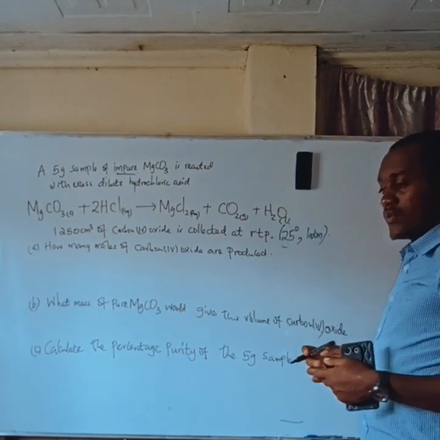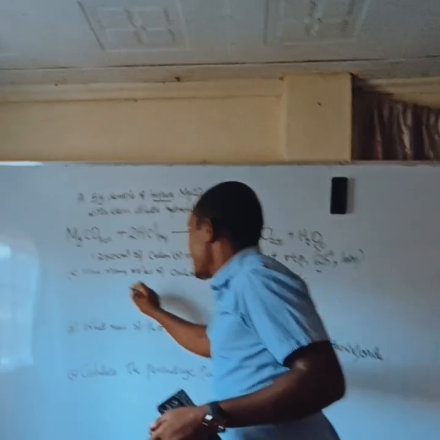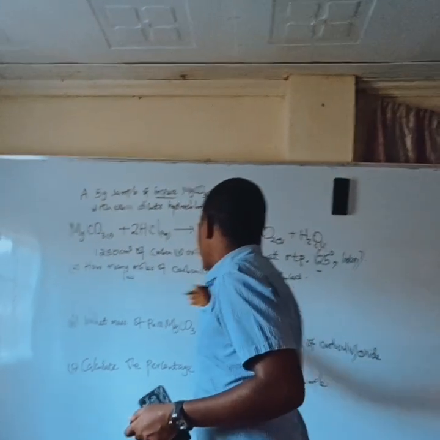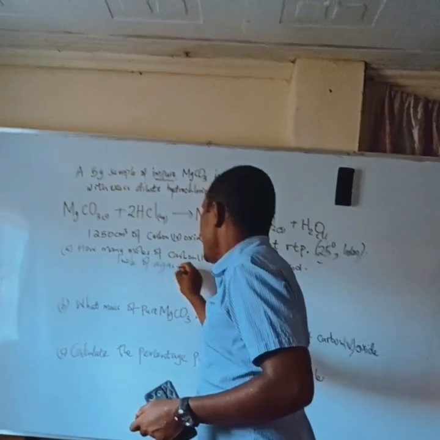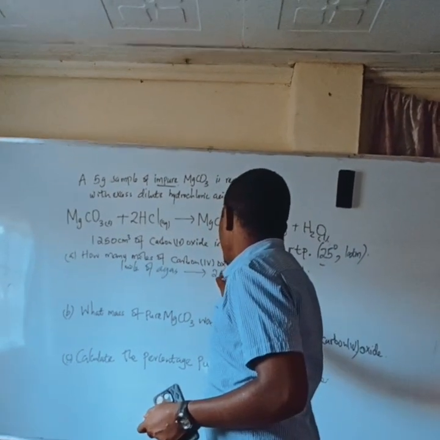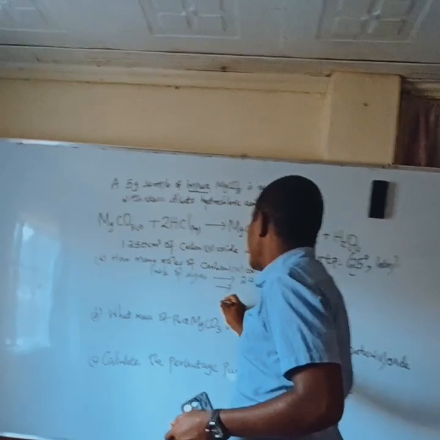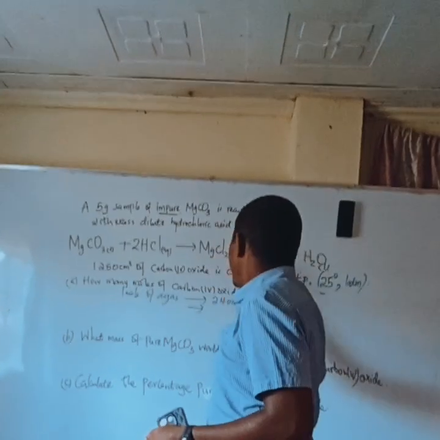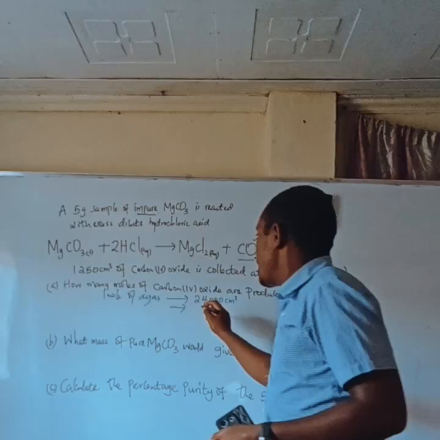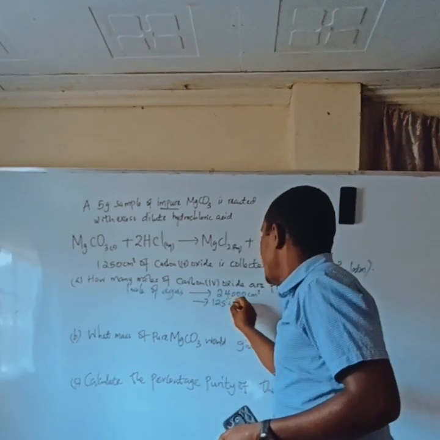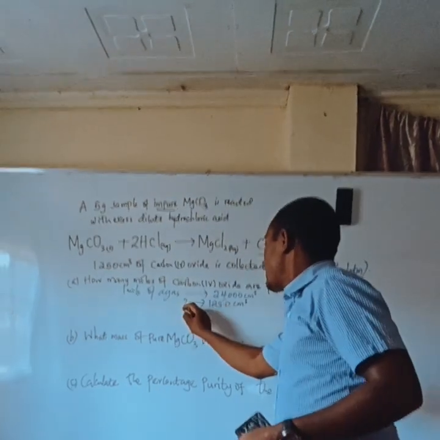We know that we looked at gases and molar gas volume. Here, how many moles of carbon dioxide are produced? 1 mole of a gas is 24,000 centimeter cubed. The gas that is collected here is carbon dioxide. What number of moles are produced in 1250 centimeter cubed?